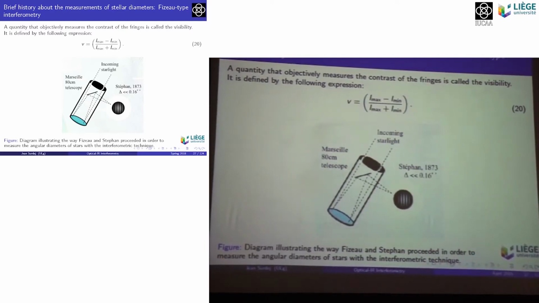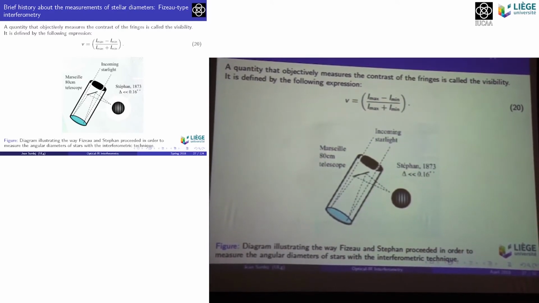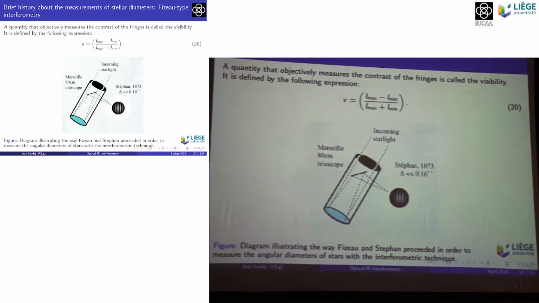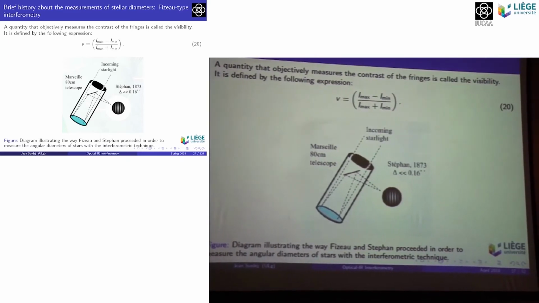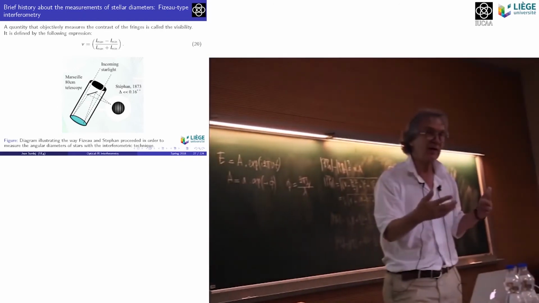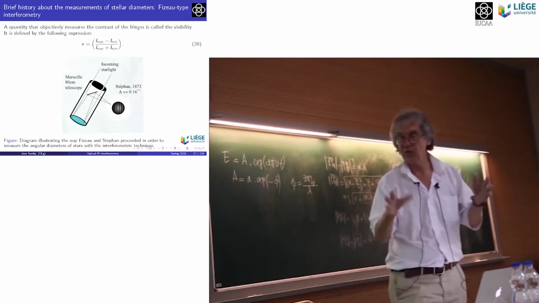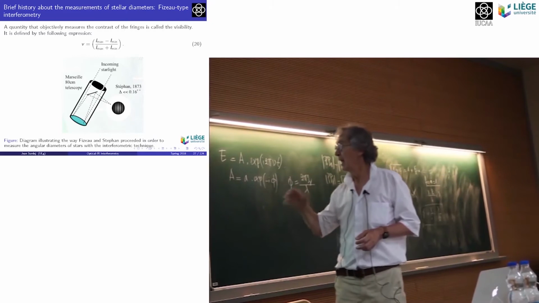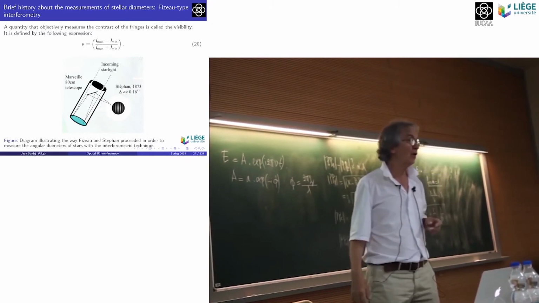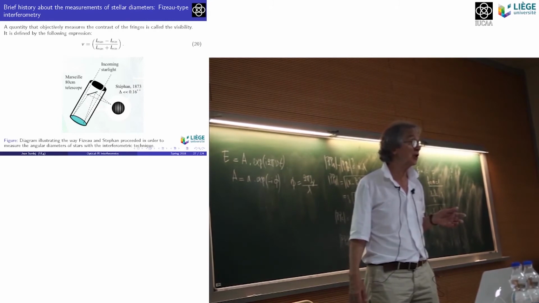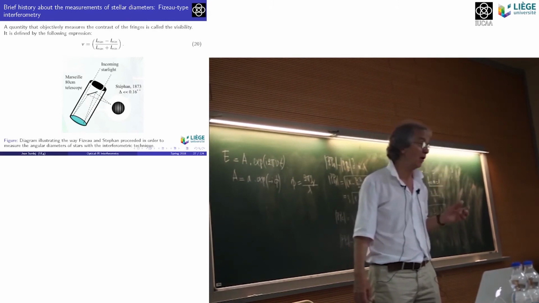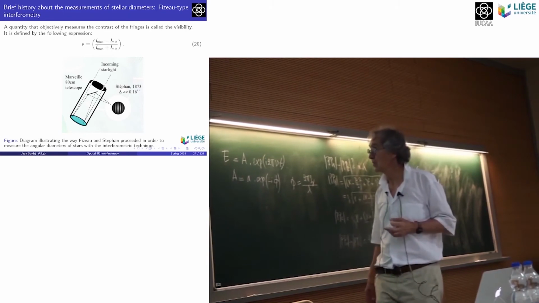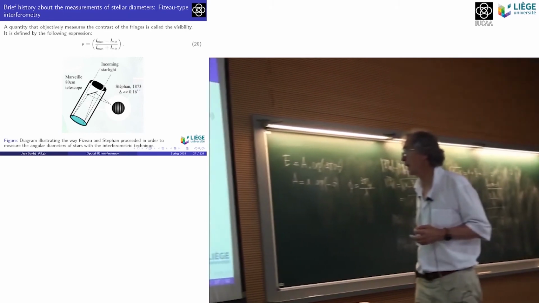We will have the tools later to show that the shape of the slits is not very important, as long as the two slits are similar. And they look at all the stars with the hope of resolving them, and they cannot resolve any one. They don't see any change in the contrast of the fringes after looking at hundreds of stars. So they are very disappointed.